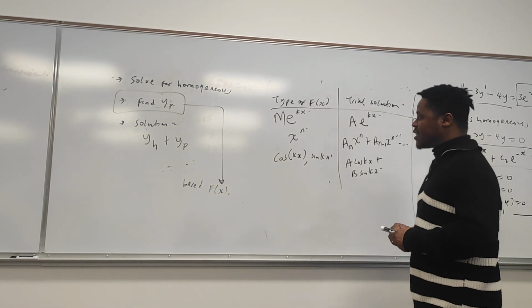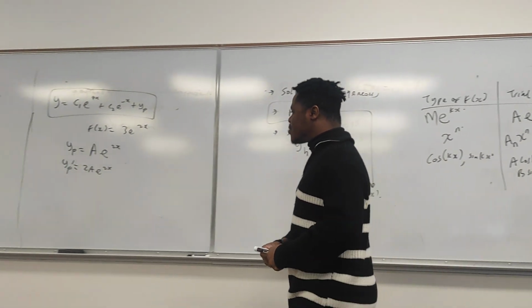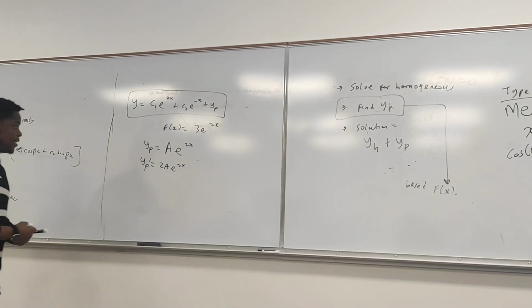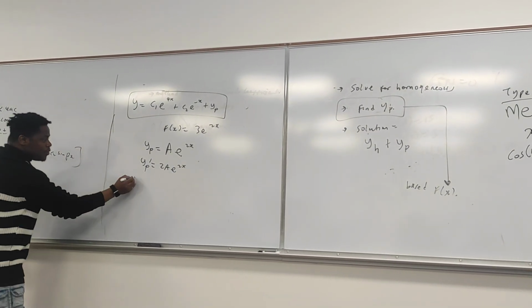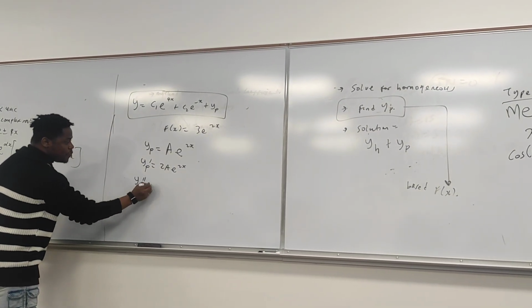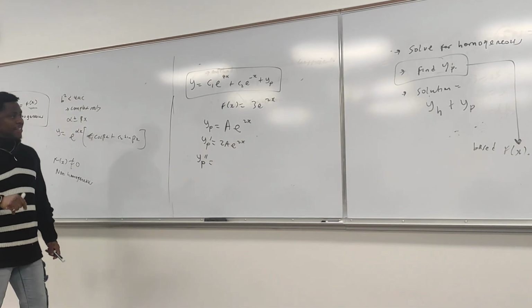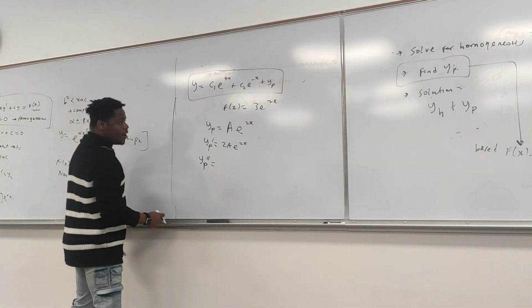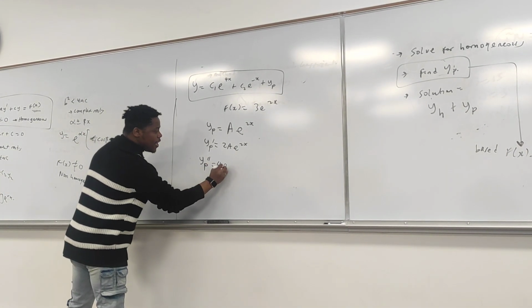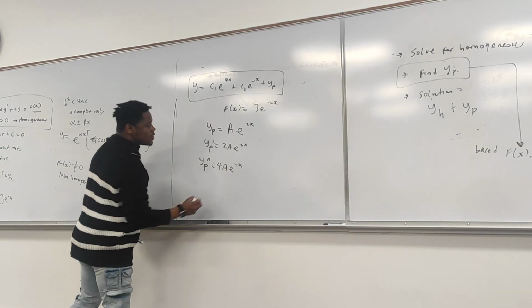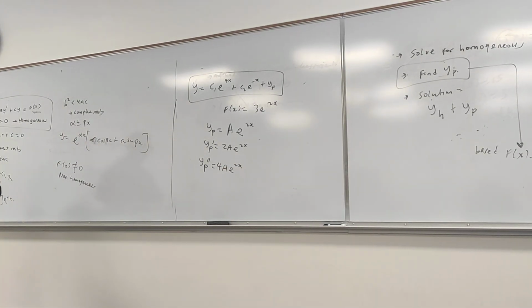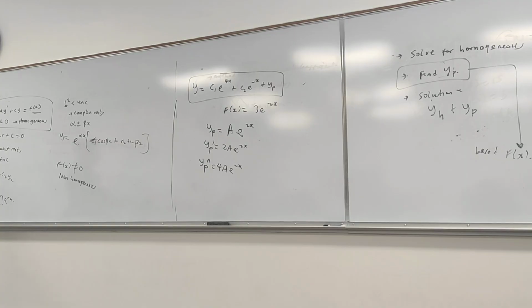It doesn't matter. That's a good question though. For yp prime prime, you would see that we will still use that 3 later on. I'll show you where we use it. It becomes 4a exponential 2x.